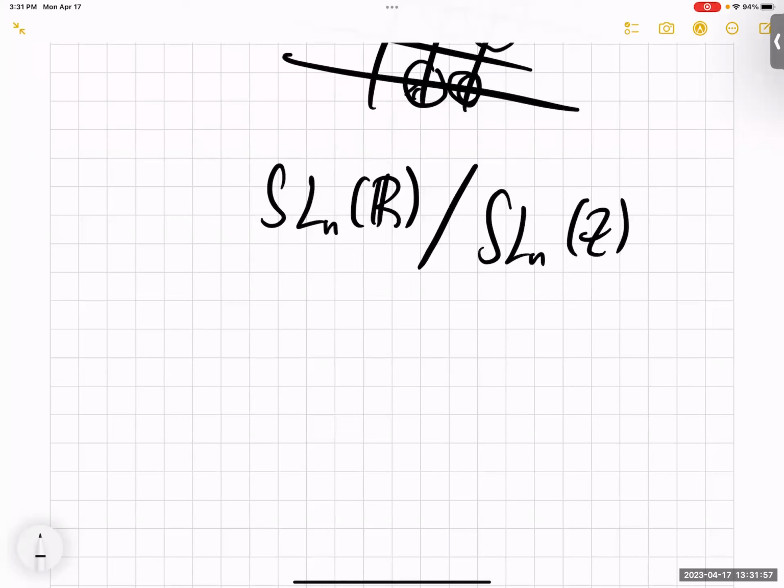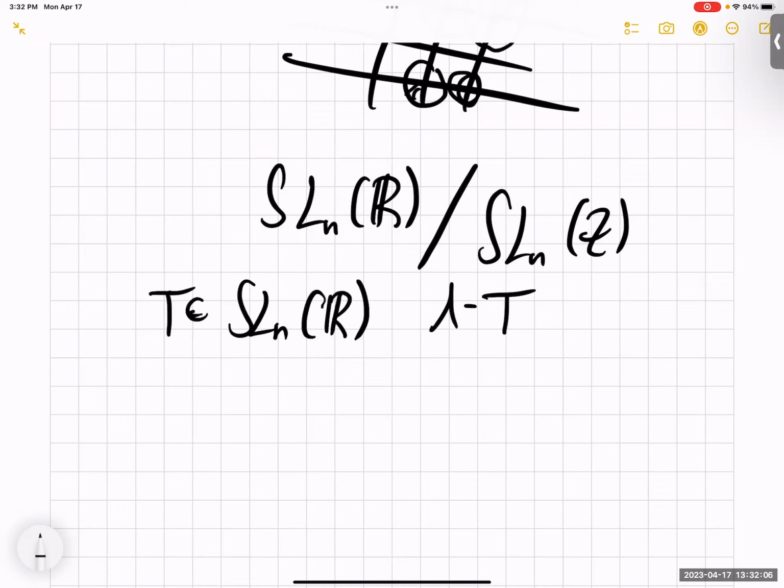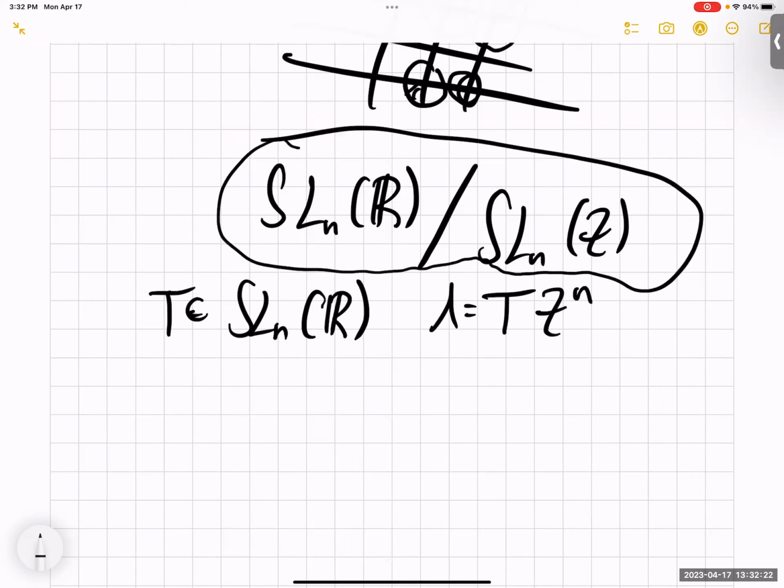If you take an element T in SL_n(R), then the corresponding lattice is T of Z to the n, and of course you can mod out by SL_n(Z) because you don't change anything. This manifold has finite volume, so there is a Haar probability measure on it. If you choose a T from that Haar measure and apply it to Z to the n, then with probability 1 what you get is a good lattice.